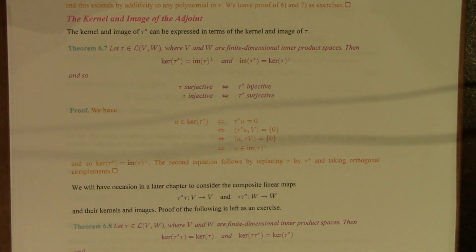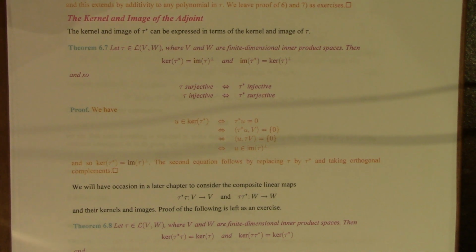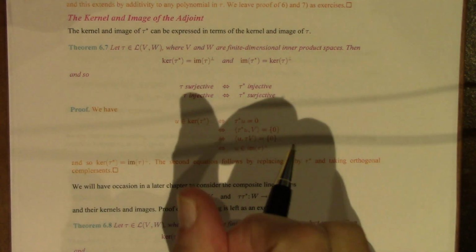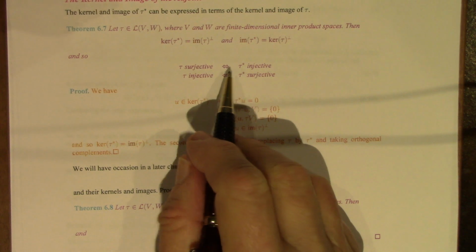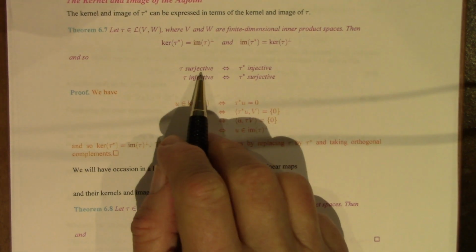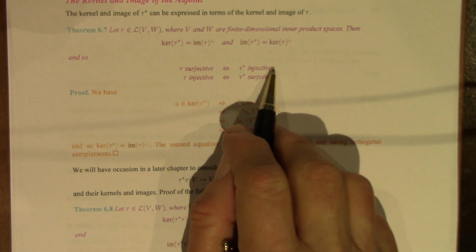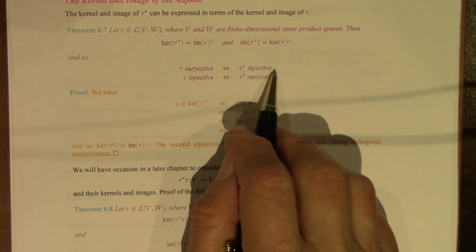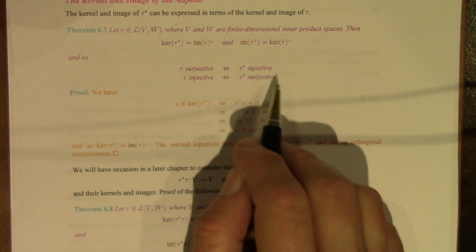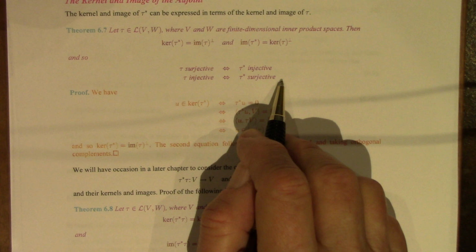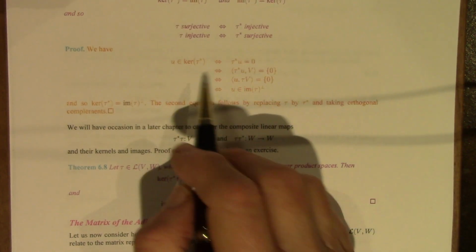I think those are beautiful formulas that interchange the roles of kernel and image. It follows then that tau is surjective if and only if tau star is injective, and tau is injective if and only if tau star is surjective.